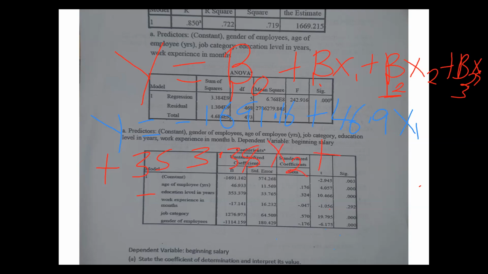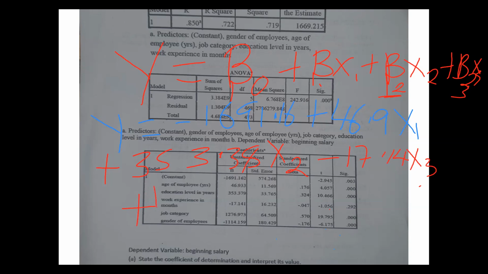Plus the next variable, work experience. This one is a negative one, negative 17.14 x3. Plus, this is multiple regression anyway, plus job category.